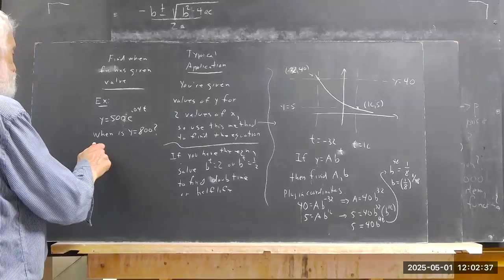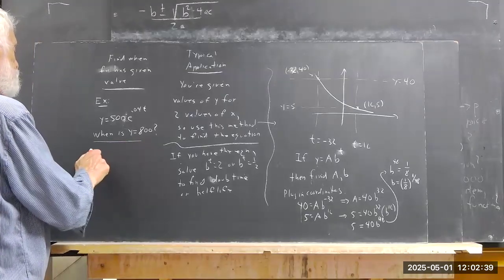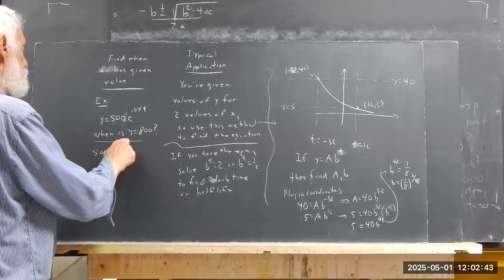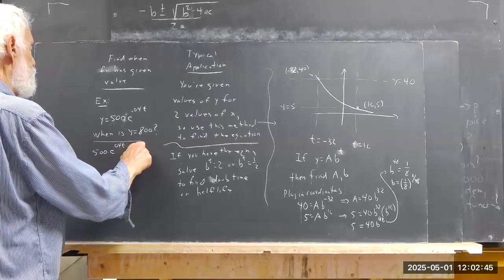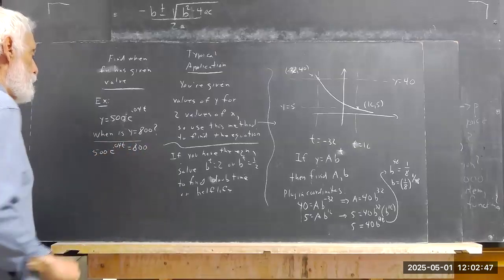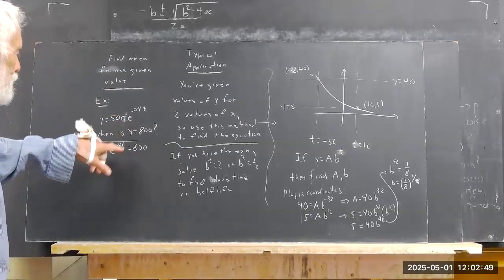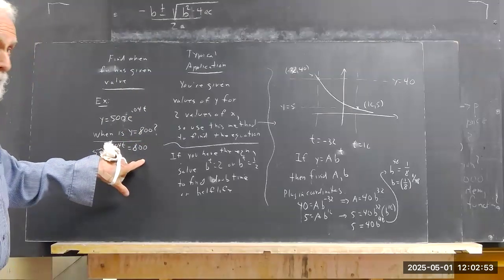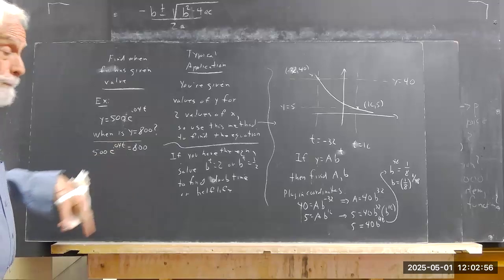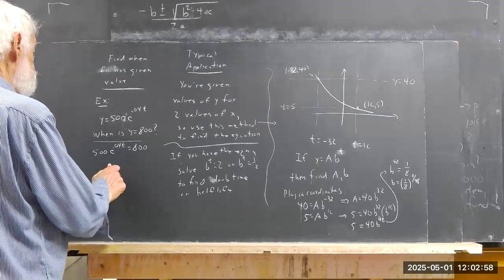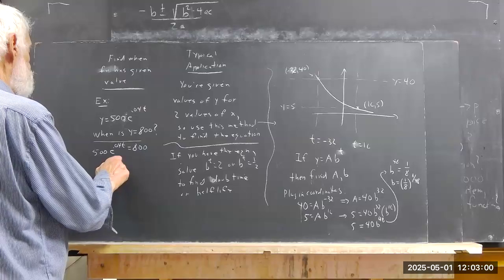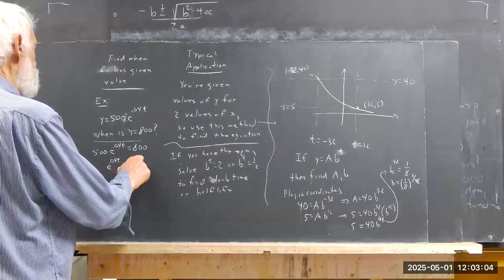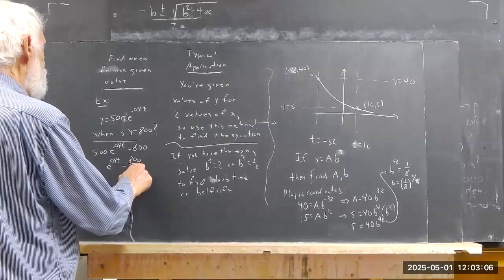Well, y equals this, y equals 800, so this should equal 800. So you get this equation, right? And then e to the 0.04t is 800 over 500.